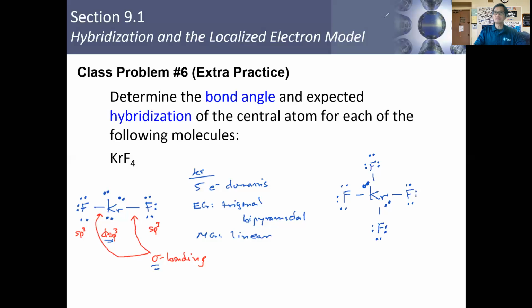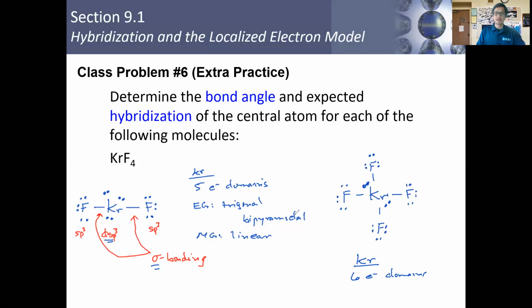All right. So with that said, let's go ahead and describe what we have here. We have a molecule in which the krypton this time has 1, 2, 3, 4, 5, 6 electron domains, as opposed to 5 before.